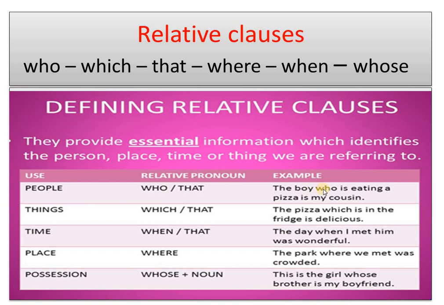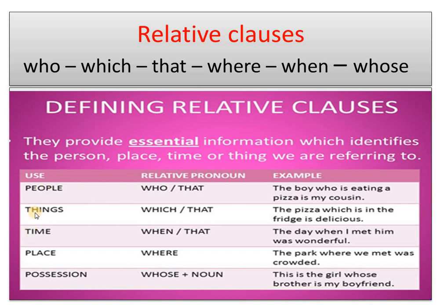The boy who, and the rest of the sentence, is eating a pizza is my cousin. We can replace who and put that instead of it: the boy that is eating a pizza is my cousin. So the first one, who, is used for people.